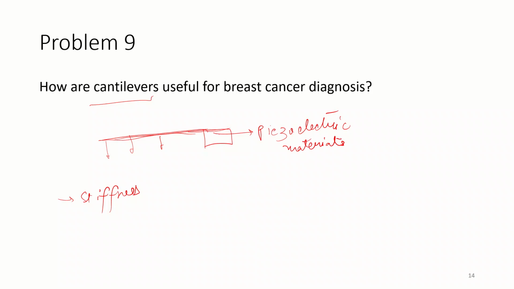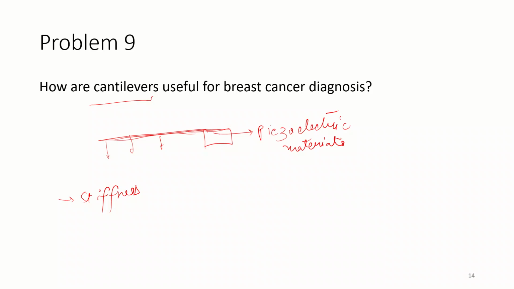When we have a cancer cell, the microenvironment or the stiffness of a cancer cell will be quite different from the normal cell. So if we understand such characteristics, we can use our cantilever based system to diagnose breast cancer.